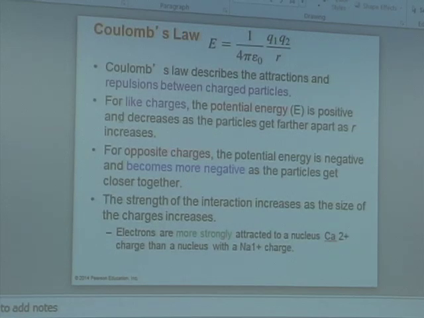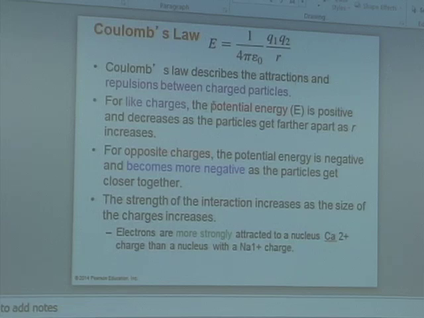And for those that are in engineering and know a little bit about electronics, we have Coulomb's law where the potential energy, E, of the atom is characterized by the charges that the atom has as well as the radius: the product of the Q1 charge multiplied by Q2 over the radius times some fudge factor, 1 over 4 pi epsilon sub naught.